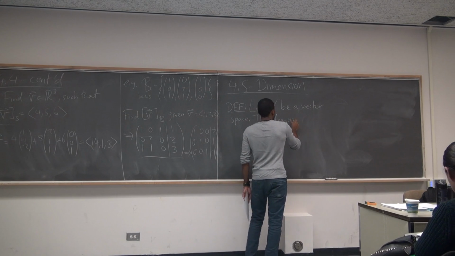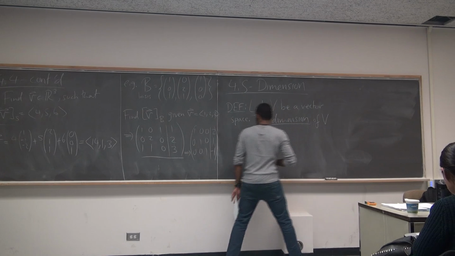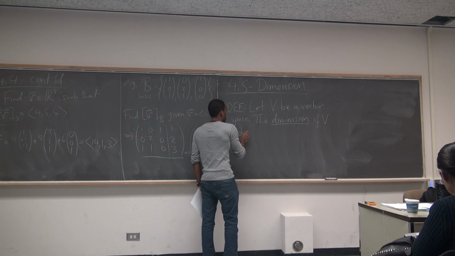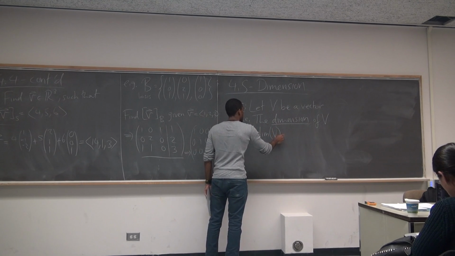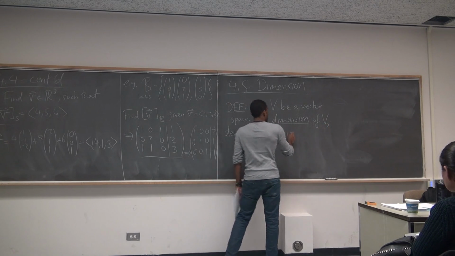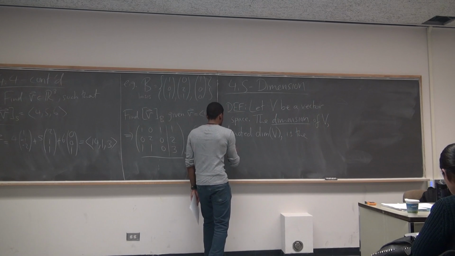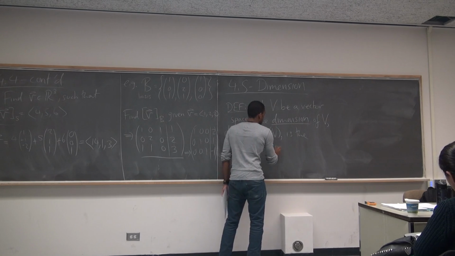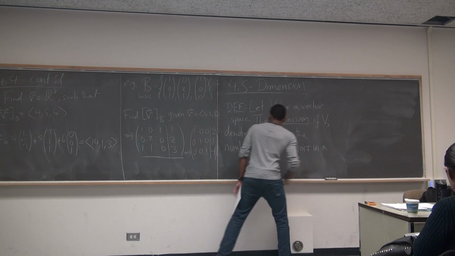The dimension of V, which you can write as dim(V), that's the notation for it, is the number of basis vectors in a basis for V.